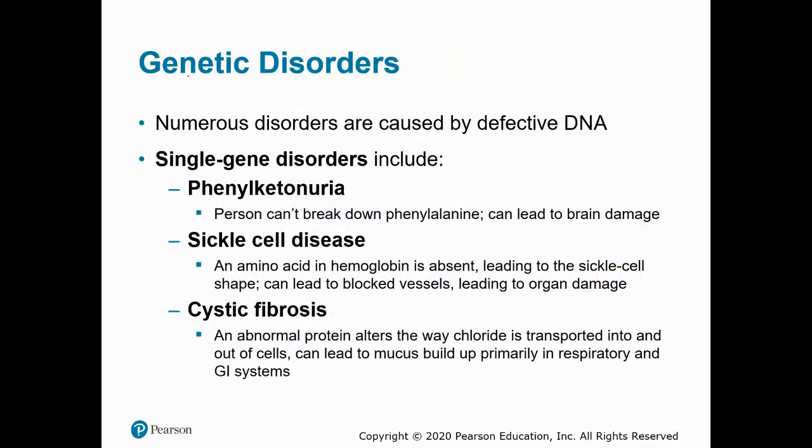Okay, and then I think this is the last slide. So some genetic disorders related to protein. So remember, proteins are coded by our DNA. So genetic disorders would affect protein synthesis. So 3 examples, we have phenylketonuria.